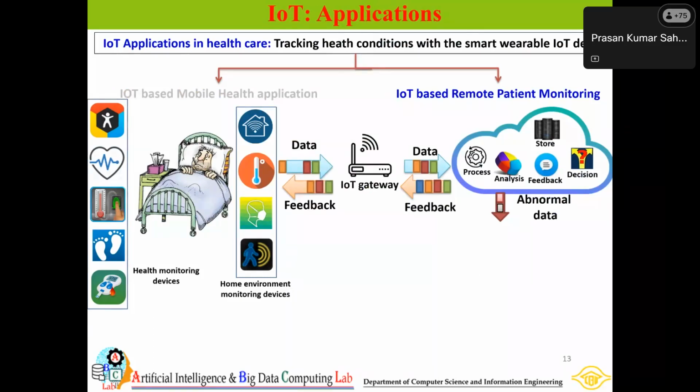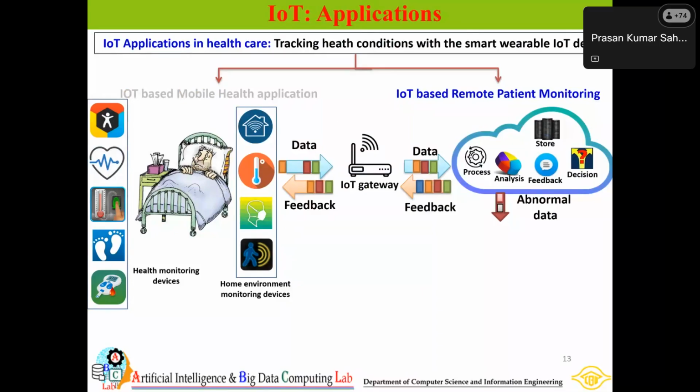Maybe it could be a Wi-Fi access point, or it could be a mobile phone, cell phone, and then that data can be transmitted to the cloud data center or the fog data center.